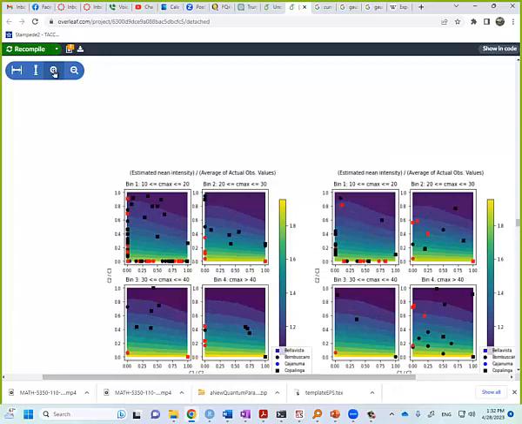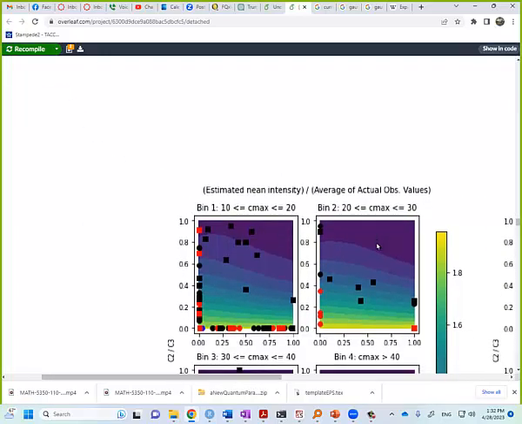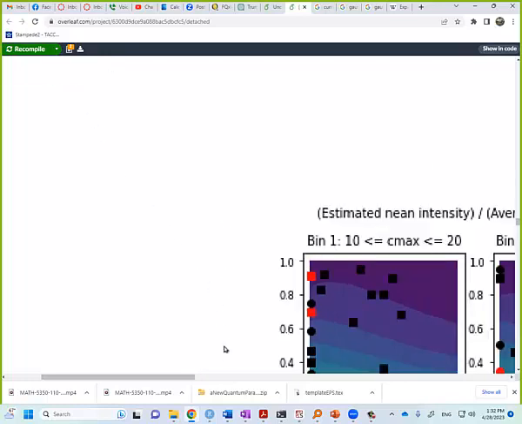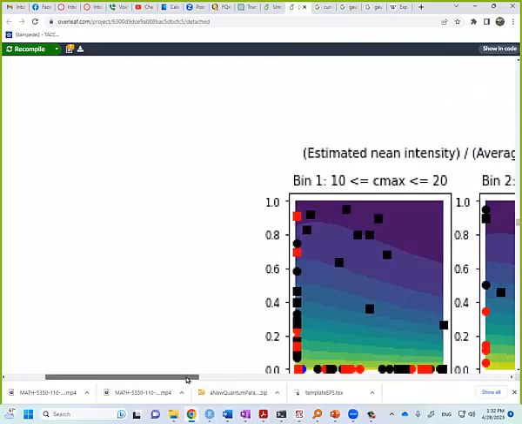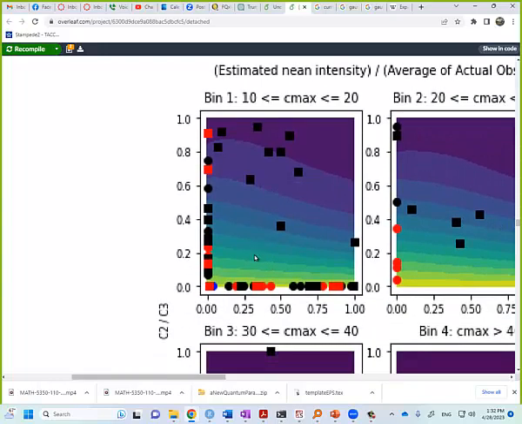This is probably a little bit difficult to understand. This is supposed to show what the distribution looks like. First, let me explain the X and Y scale.